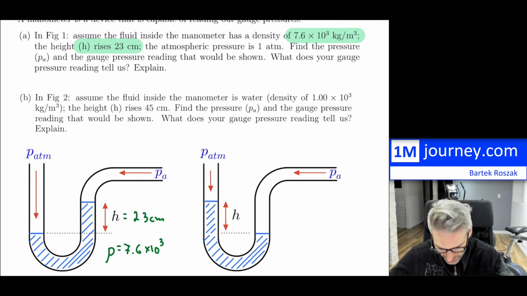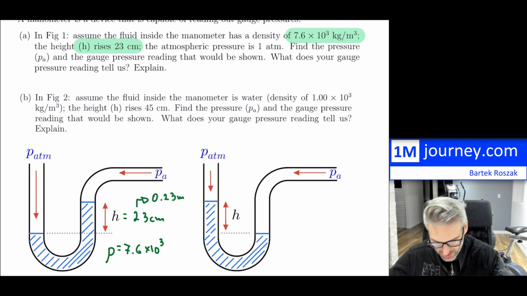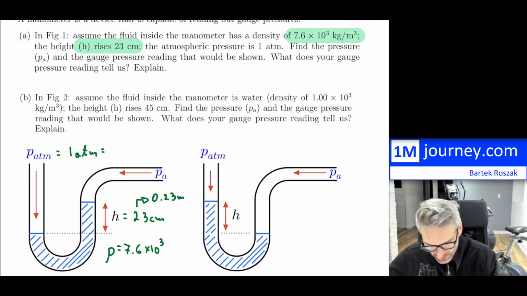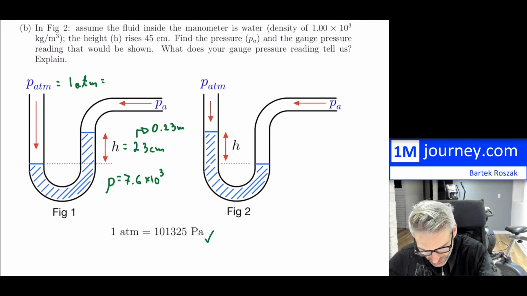So it's already in metric standard units. So let's change this to metric standard units. The atmospheric pressure is just 1 atmosphere. All right, so this is just 1 atm, and notice I do give you what this is in here, but you can obviously look it up if you're doing this question on your own.